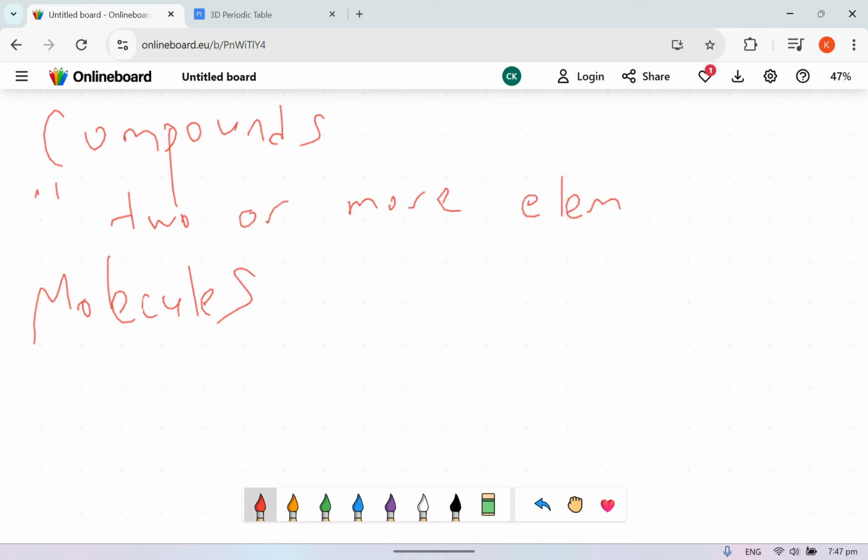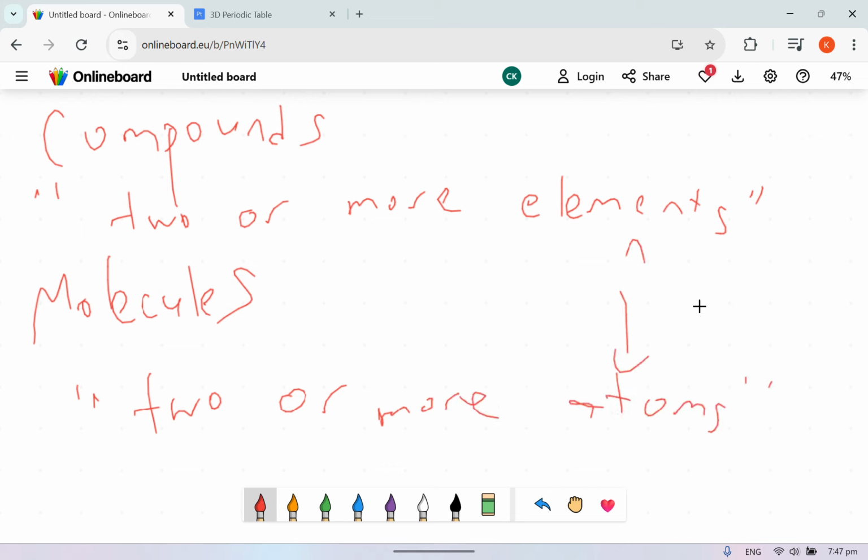But the definition of molecule is two or more atoms. So are you trying to tell me that atoms are elements? No, not exactly. Atoms are not elements, but they are sort of linked.